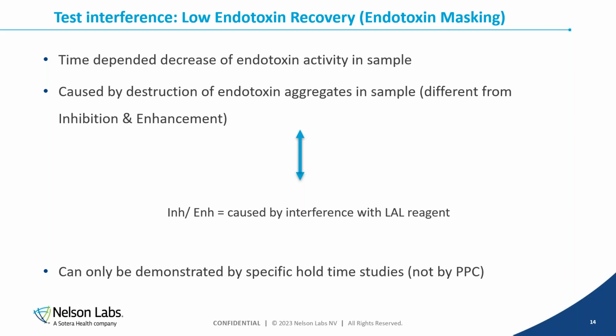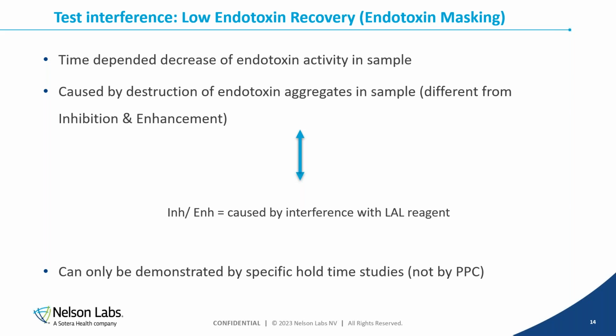You can test this very easily in the lab, and we have seen it for quite a number of products: if we add endotoxins at like 50 EU per milliliter and wait 24 hours, you won't find any endotoxin at all. This is different from inhibition and enhancement, because it's actually a destruction of the endotoxin aggregates in the sample.